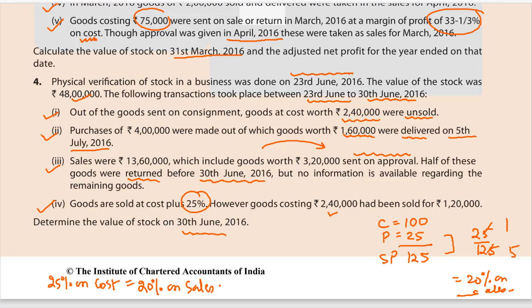Read the last point. Goods are sold at cost plus 25%. However, goods costing 2,40,000 have been sold for 1,20,000.